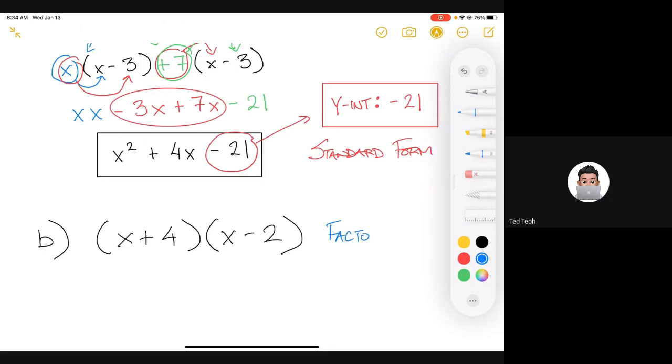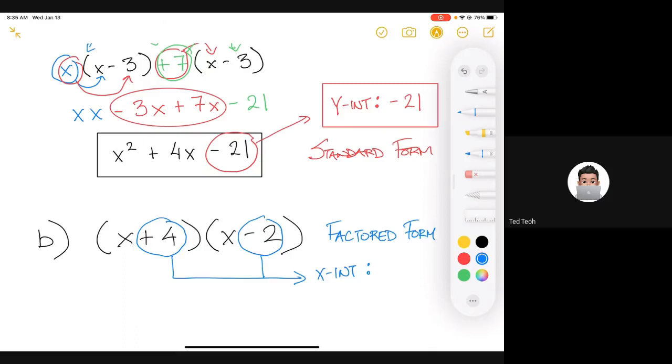When the question is in factored form, it gives me the x-intercepts. So that would be easy to answer. I'm just going to take this number and this number. I have to remember it's going to be the opposite sign.